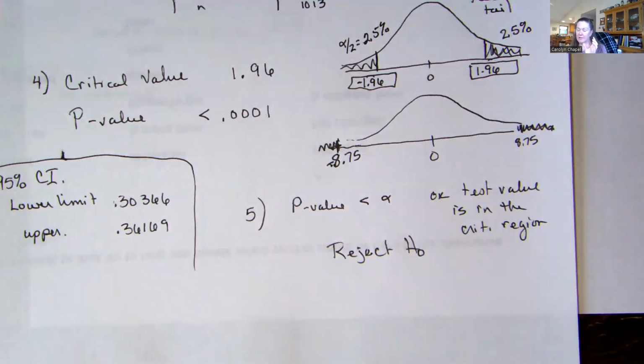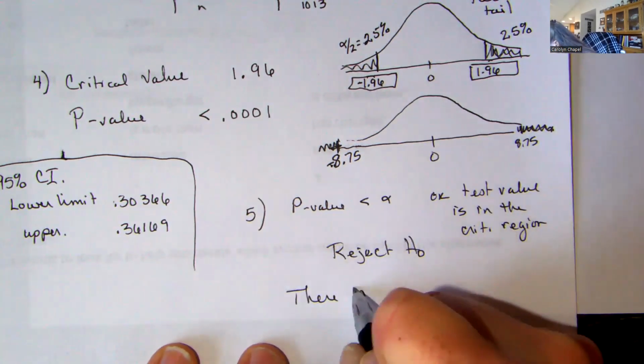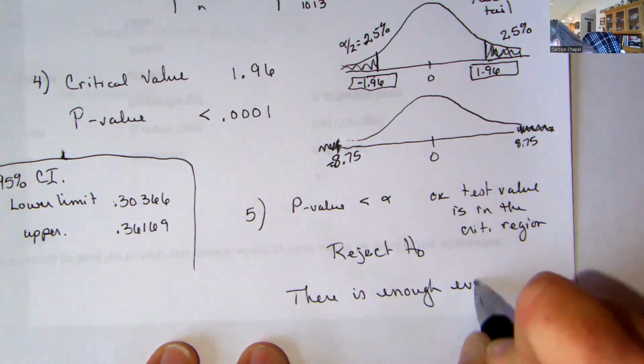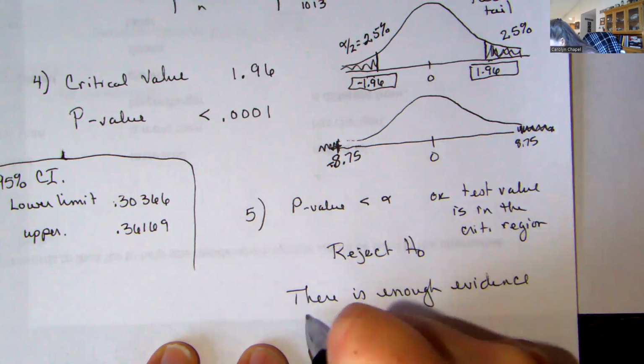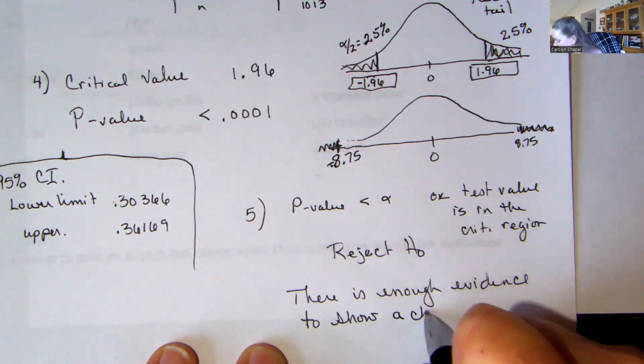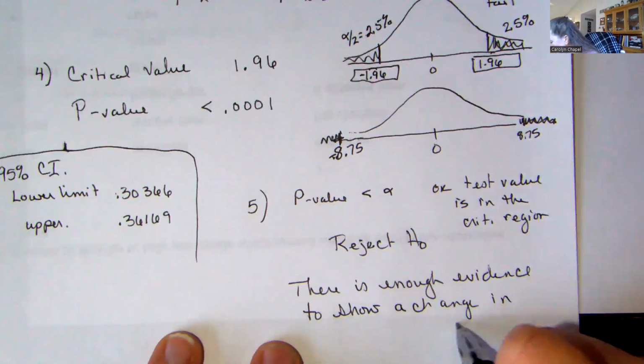Okay, in other words, in the case of innocent versus guilty, we're going to say that they're guilty. So there is enough evidence to show a change, and I'm just going to write this shorter, in attitudes.